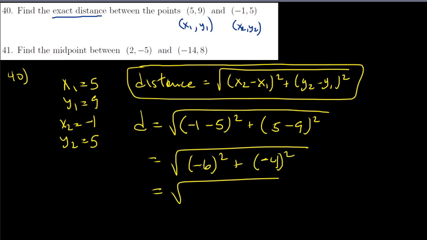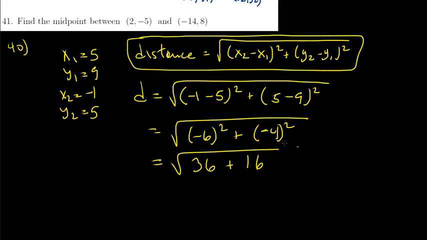But negative 6 times negative 6 is positive 36. And negative 4 times negative 4 is positive 16. Right? So there's nothing negative under the square root. Even though you get a negative number here, by squaring it, you change it to a positive. It's a negative times a negative. And then 36 plus 16 is 52.